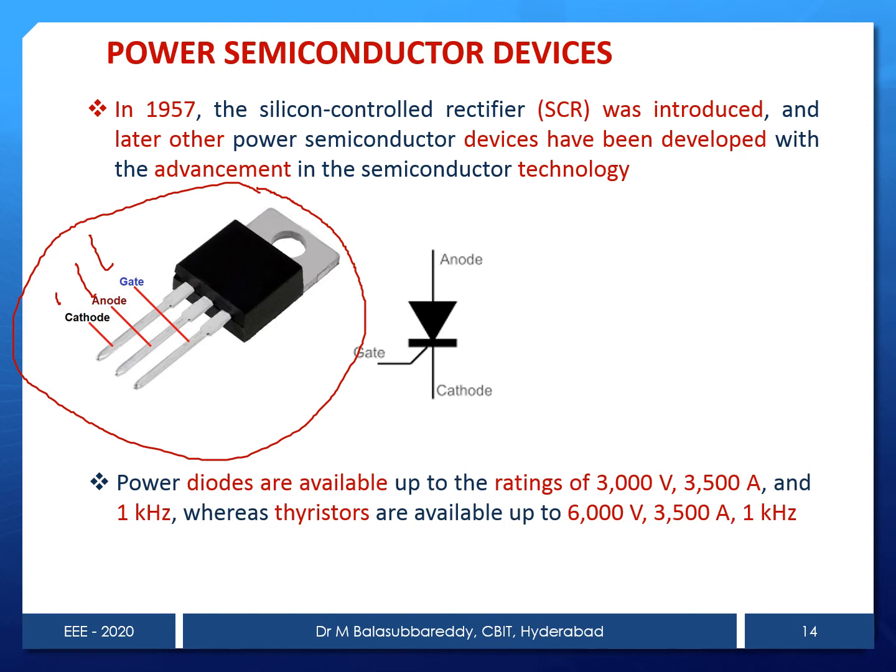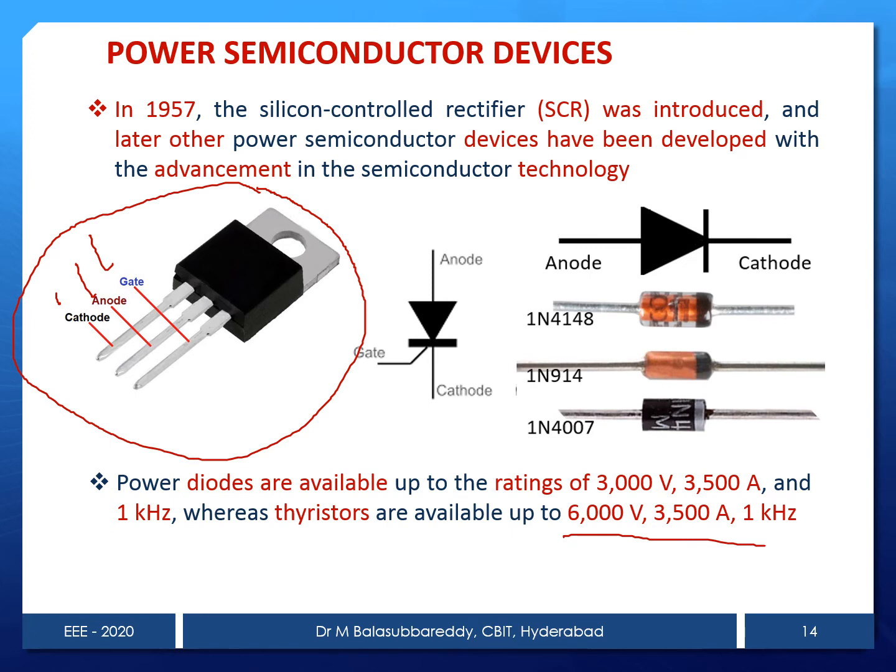Power diodes are available up to ratings of 3000 volts and 3500 amperes, operating up to 1 kilohertz, whereas SCRs have a higher rating compared to diodes. SCR can operate up to 6 kV, 3500 amperes, and 1 kilohertz of frequency.